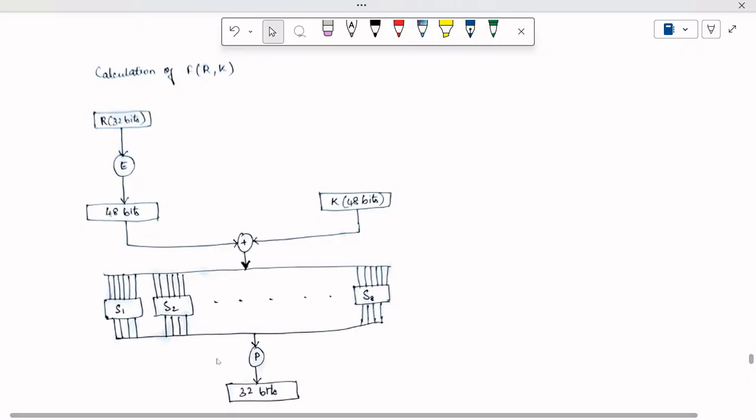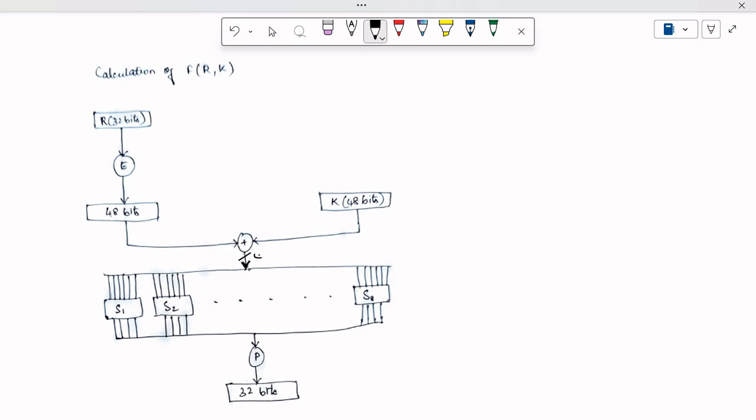So please make a note, we have 48 bits. This 48 bits should be reduced to 32 bits. So how is it going to be processed? With the help of the substitution boxes. Each S box is going to take 6 unique bits of this 48 bits. So the first 6 bits of this 48 bits will be given as input to S box 1 and the next 6 bits will be given as input to S box 2.